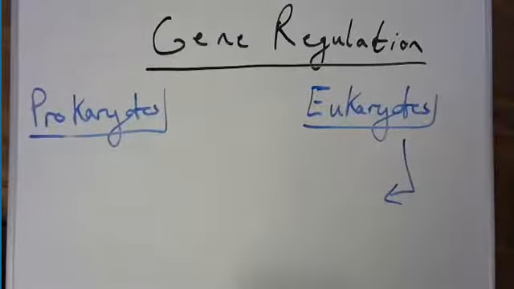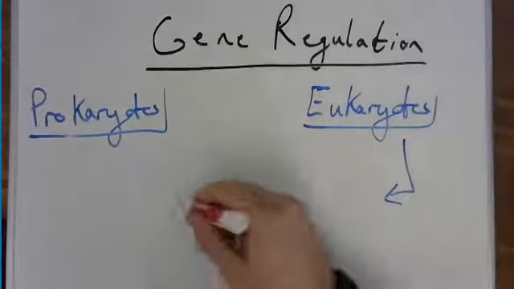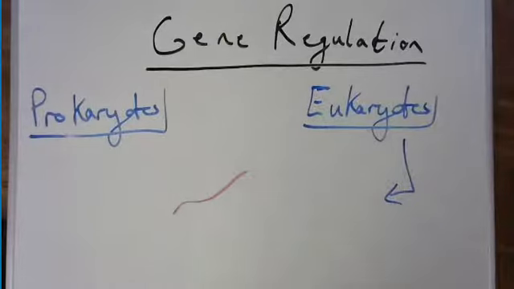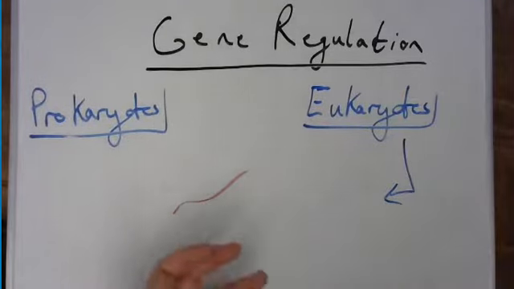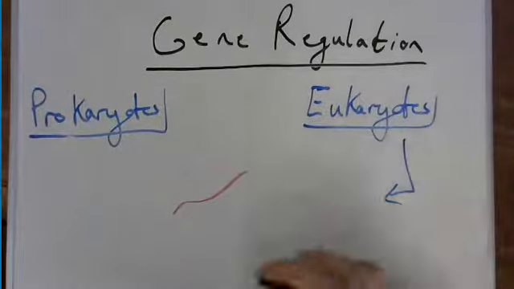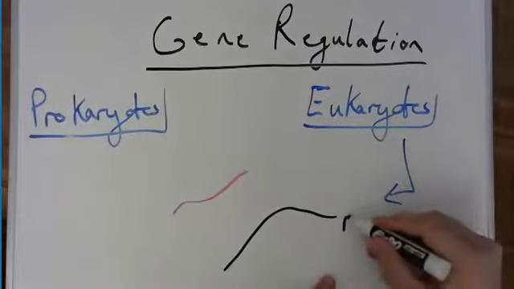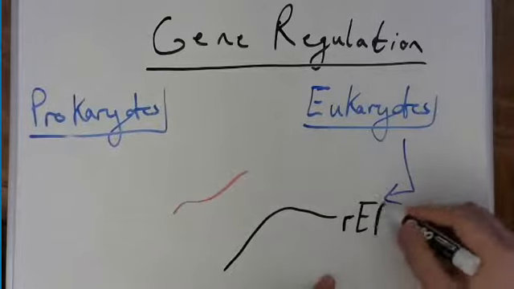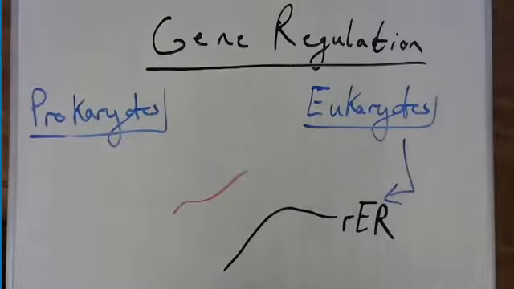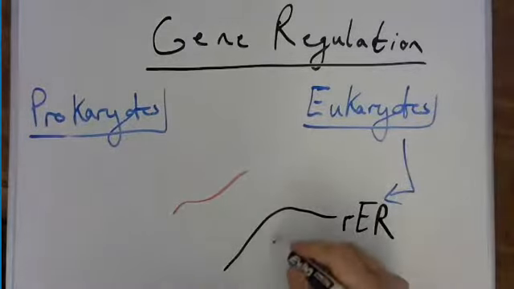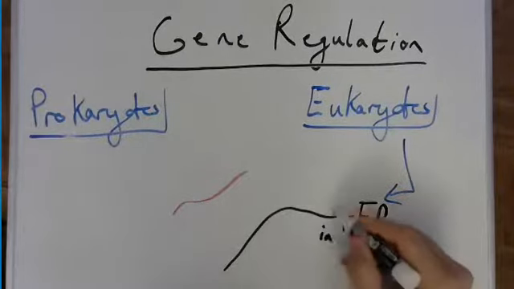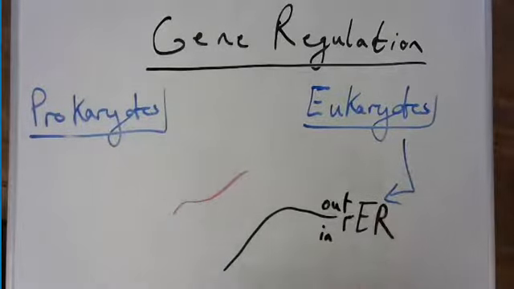Once you're in the cytoplasm, now your little molecule of RNA needs to go and find a ribosome. Ribosomes are either floating, as they would in the prokaryote, or on the endoplasmic reticulum, right? And if you remember, when you have that endoplasmic reticulum, the rough endoplasmic reticulum, RER, and I'm just going to represent one side of it, that's the inside here, and that's the outside of it here.